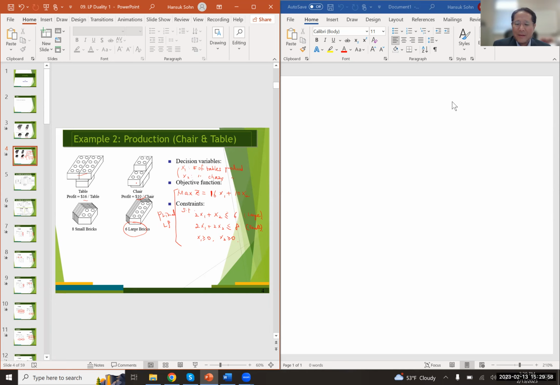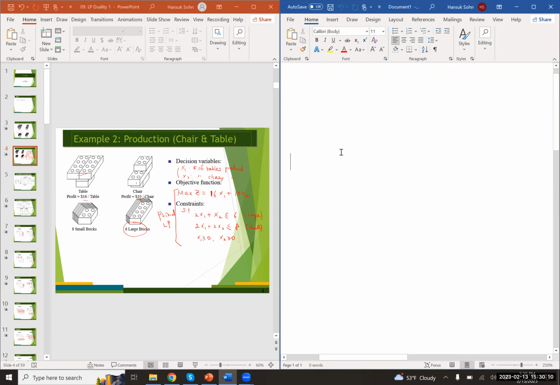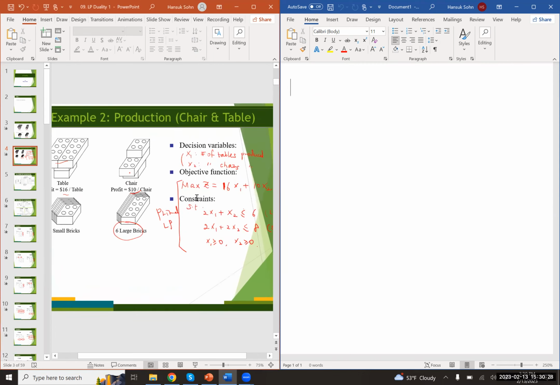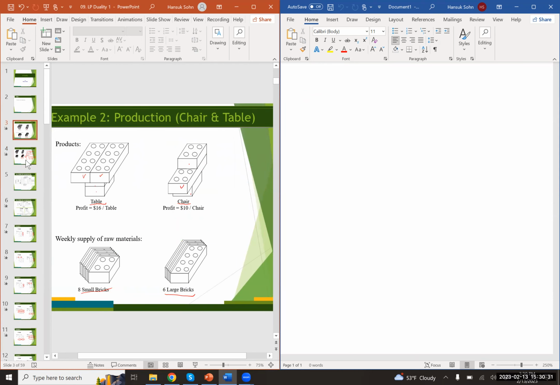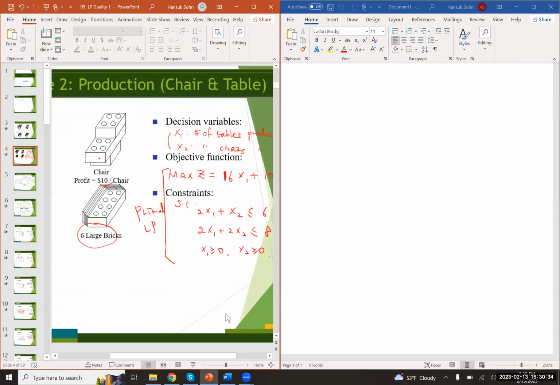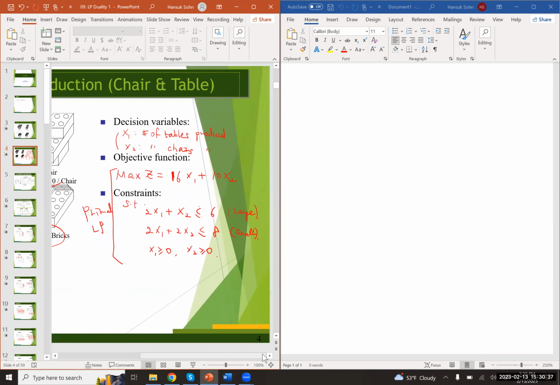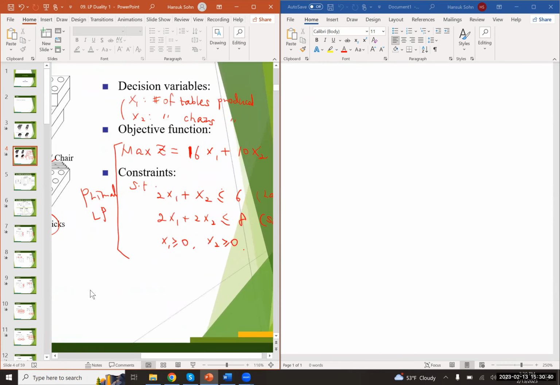So I'm going to write this down. Let me disable my video and this cursor. I'm going to increase the view a little bit, so let me zoom in a little bit more.